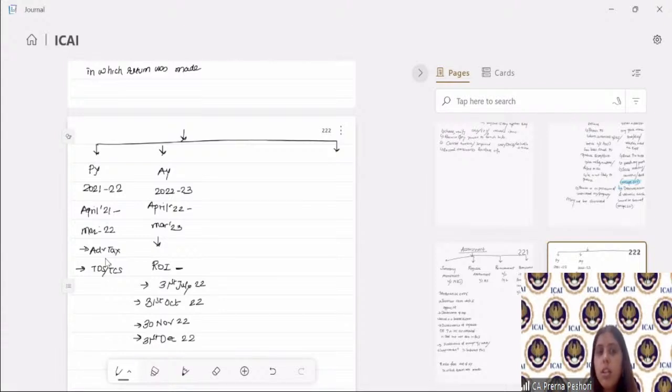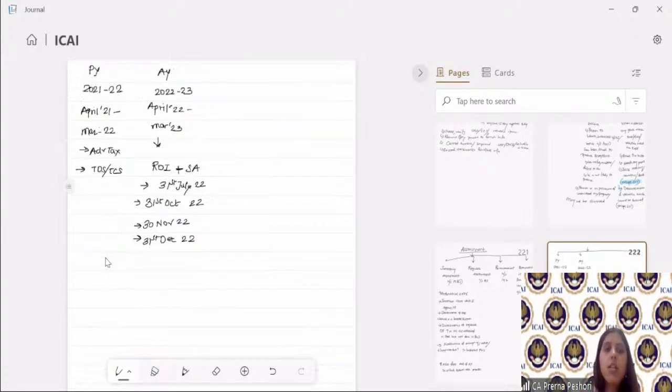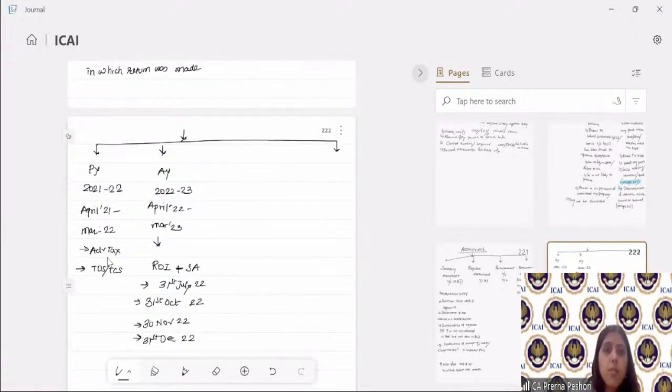Right? Plus you pay your self-assessment tax. Now, the summary assessment, which is under 143(1), will be carried out within 9 months from the end of the financial year.